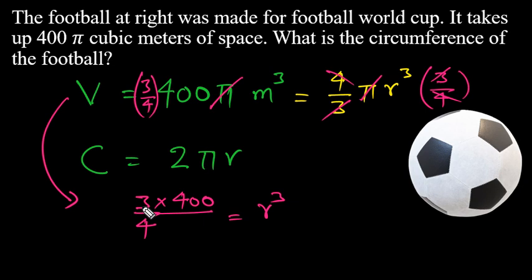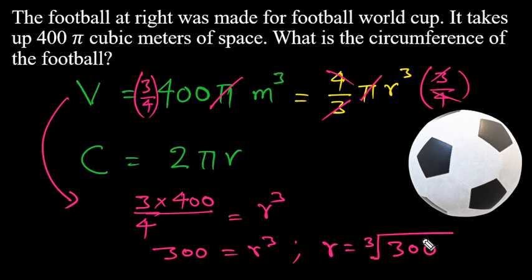Now solve this. 3 multiply 400 divided by 4 will give you 300. You can try it using calculator. r to the power 3. Now r will be third root of 300.